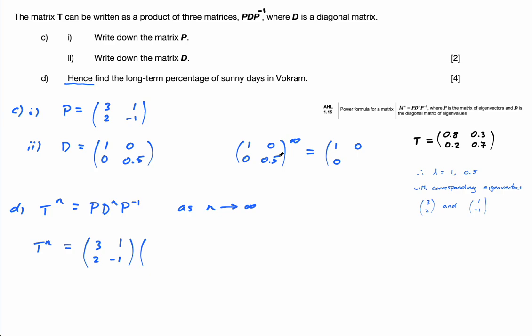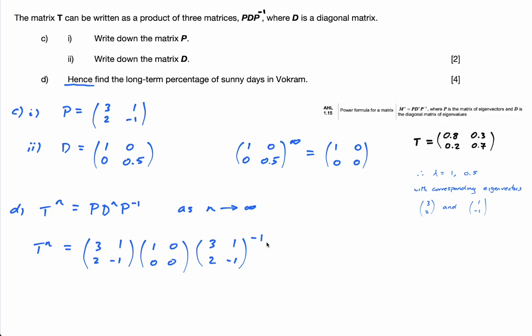If you remember from geometric sequences, or just intuitively, if you do a half of a half of a half of a half forever, you're going to end up with 0. So this becomes 1, 0, 0, 0. And then P minus 1 is the inverse matrix of 3, 1, 2, negative 1.